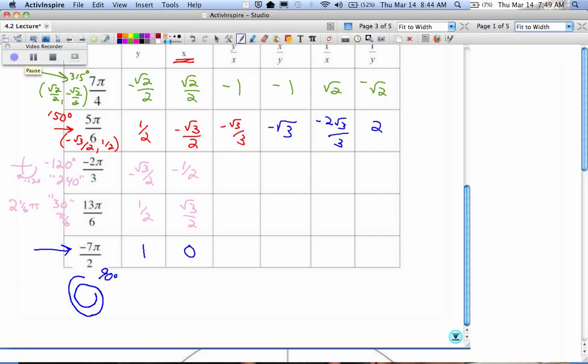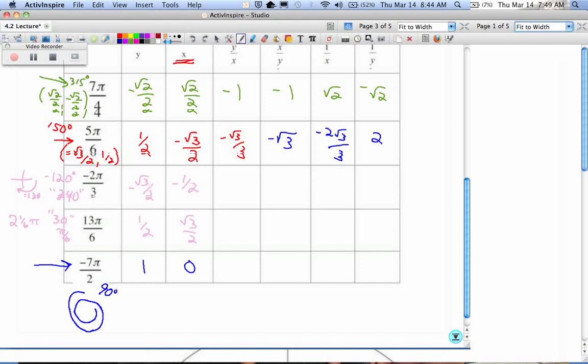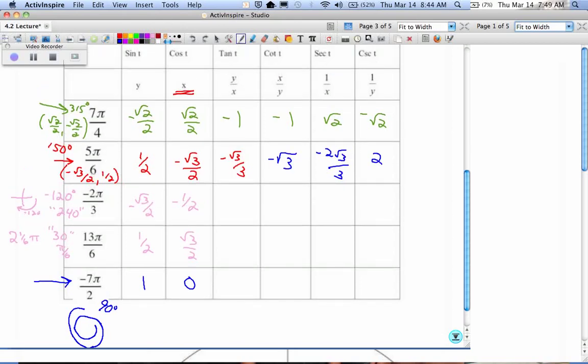If your sine is 1 and your cosine is 0, when you get to do the tangent, you go sine on top divided by 0. What happens when you try to divide by 0? Can't do it. This is when you put a line through it. It's undefined.